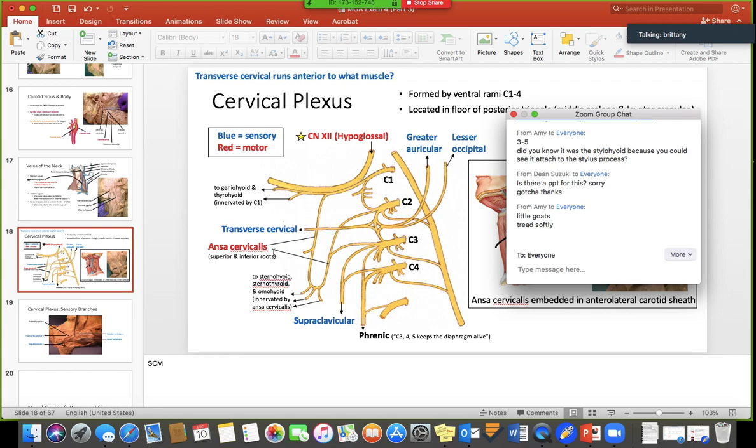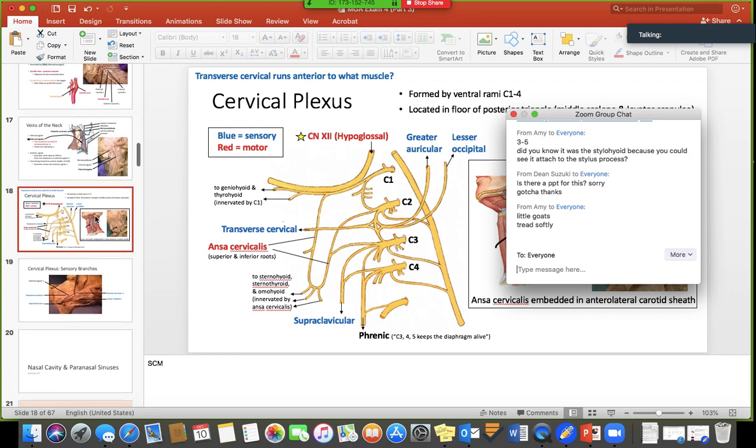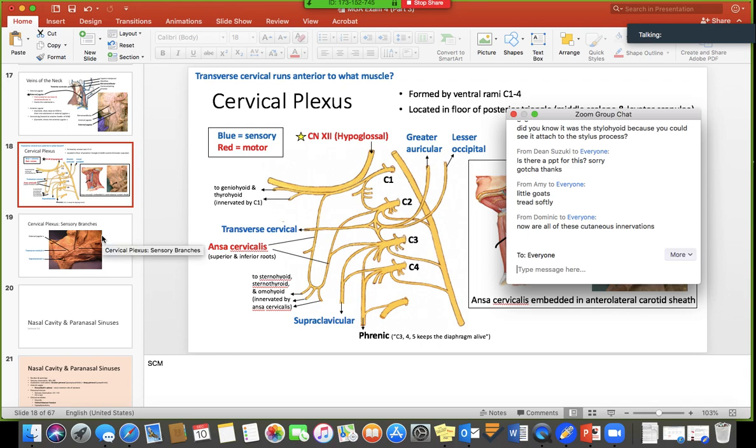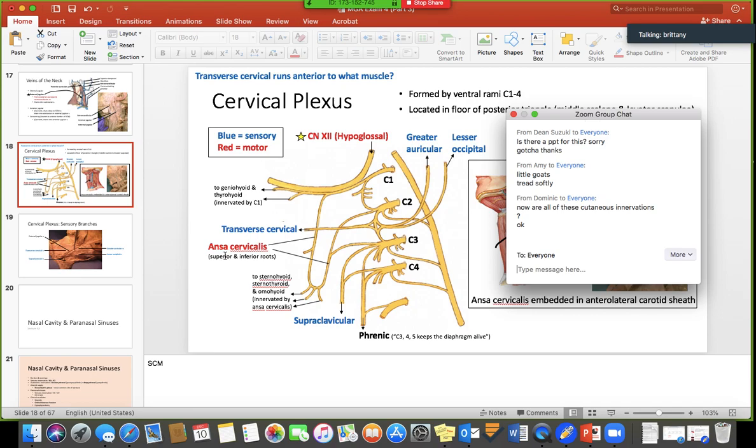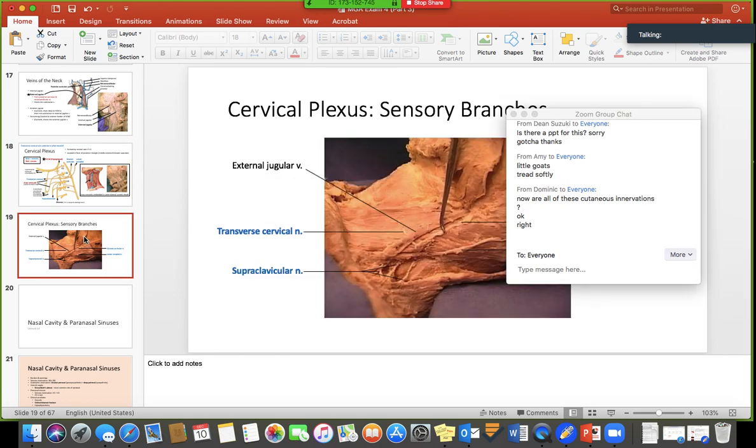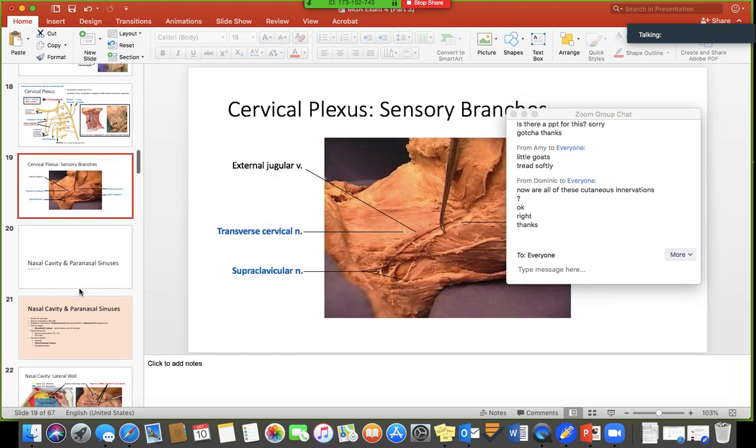Those are the ones providing sensory innervation. And then your ansa cervicalis supplies motor innervation to the strap muscles. The ones down here to the strap muscles are motor innervation. Alrighty.